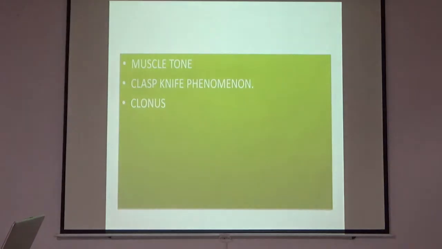Then there is something called the clasp knife phenomenon. You get an MCQ on this, and you get long-answer questions on this phenomenon. What do you mean by the clasp knife phenomenon, which is also called the lengthening reaction? It is a phenomenon where a hypertonic muscle on stretching, as in upper motor neuron lesion, contracts, but if the stretch is continued, then the muscle relaxes.